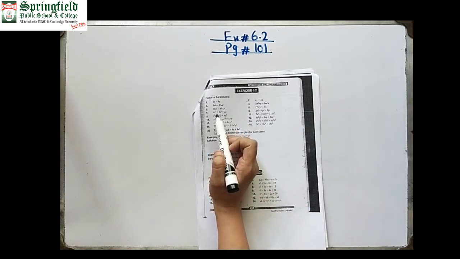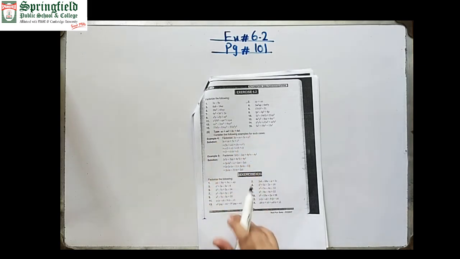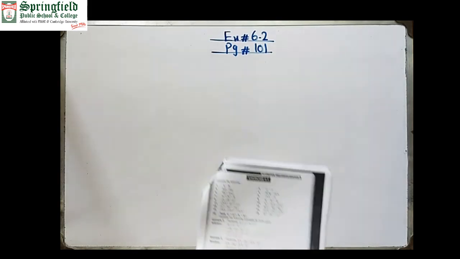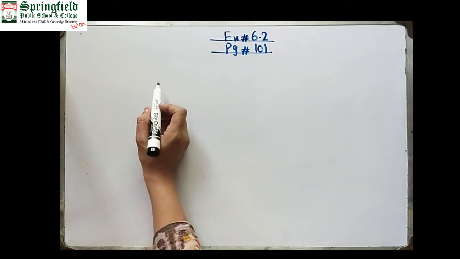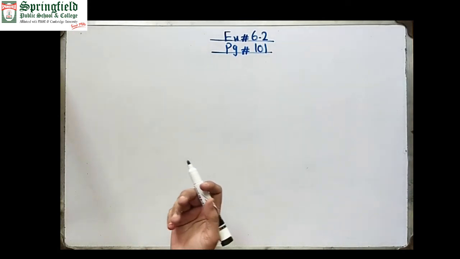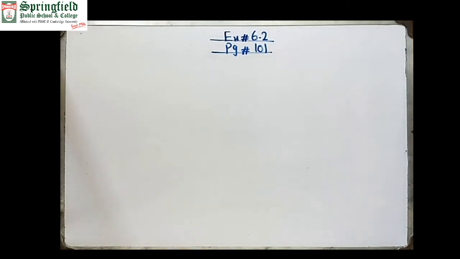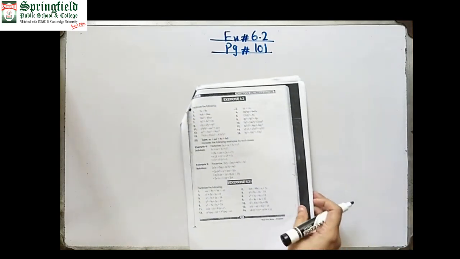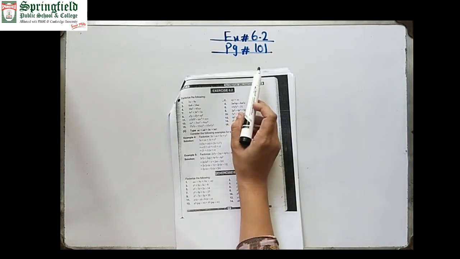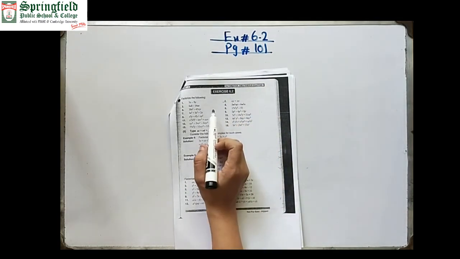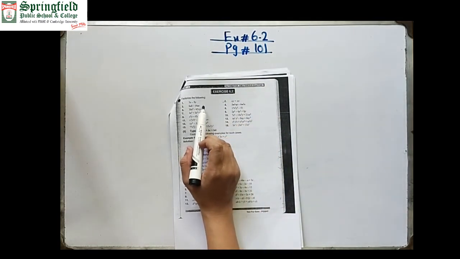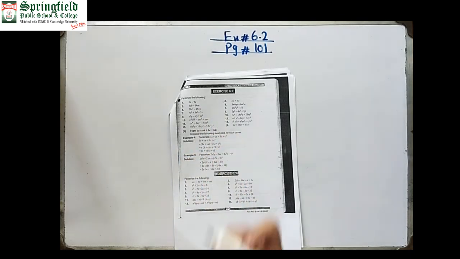As we have already discussed, how we can make factors of algebraic expressions or algebraic terms. Fine. So the first part is 3x minus 9y. Now factorize can be done by many methods.